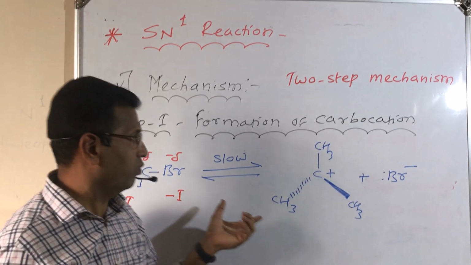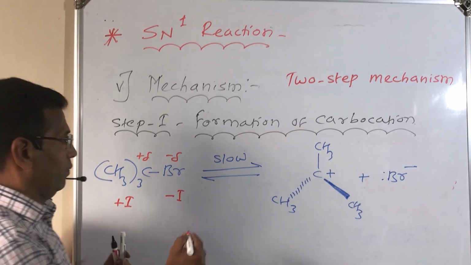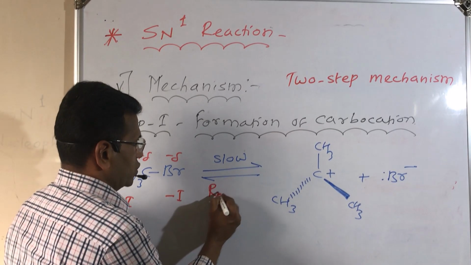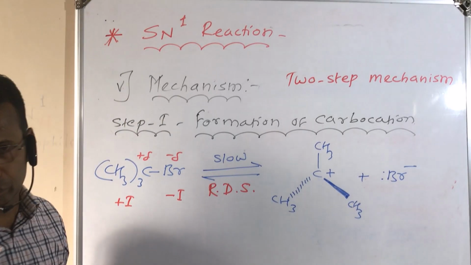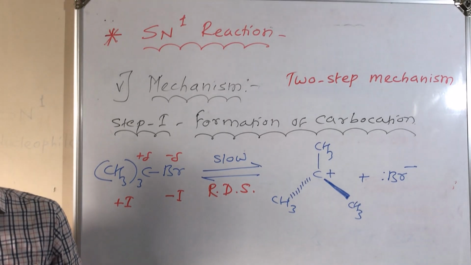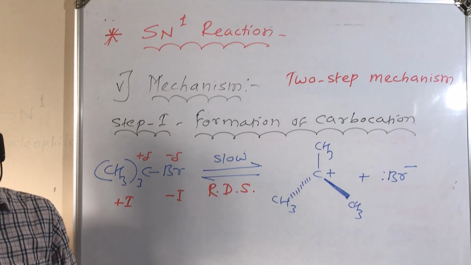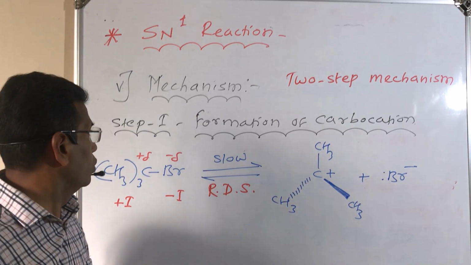So the first step is formation of carbocation. It is a slow step, and the step which is slow, where the rate of the reaction can be determined, is called the rate determining step. So step 1 is the rate determining step, where Br minus is given out in the first step.